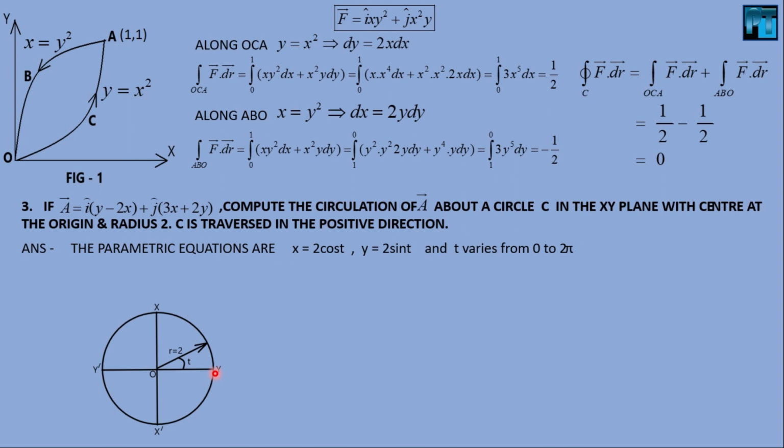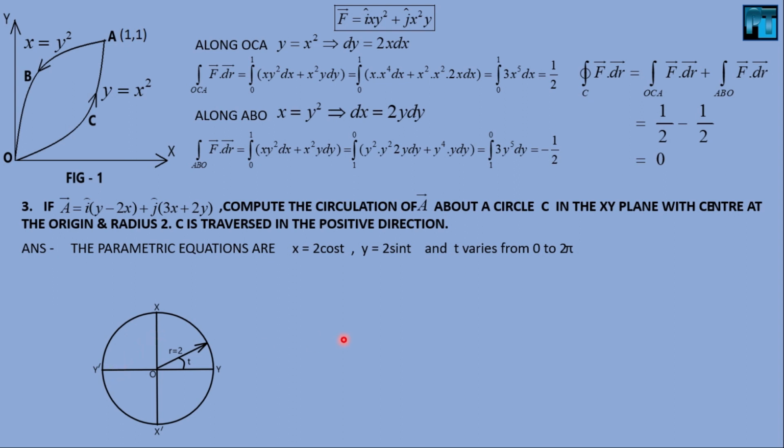That's why the limit of t or theta, the angle, is 0 to 2 pi. Clear? If a particular quadrant is given to you, for the first quadrant, t is from 0 to pi by 2. For the second quadrant, t will be from pi by 2 to pi.